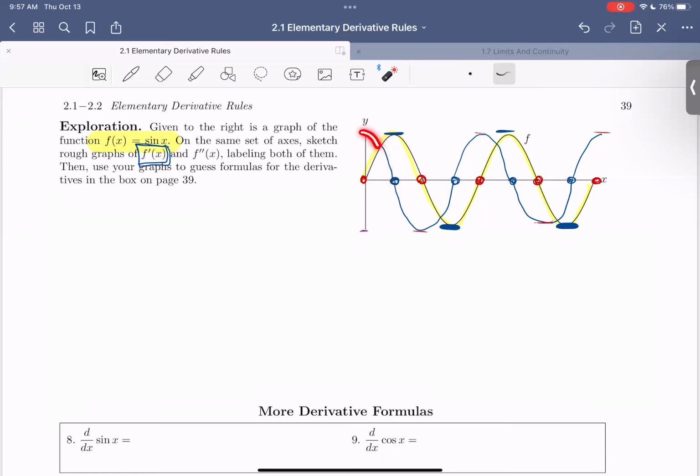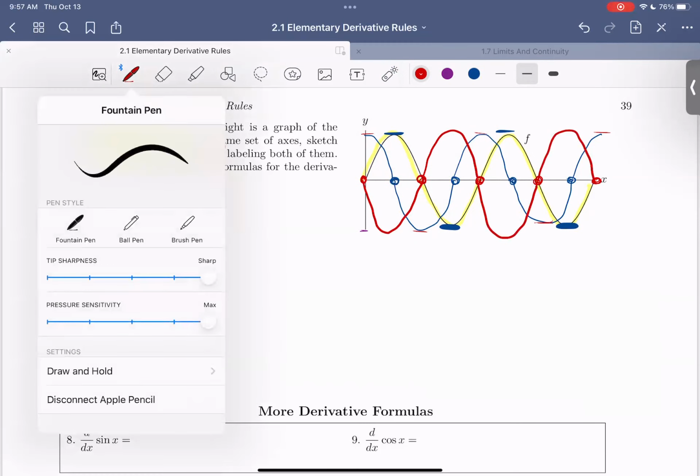Well, here we're decreasing, so our second derivative should be negative. All through here, we should be negative, so I'll draw that in. Negative here. Then our next chunk here, from here to here, our blue derivative is increasing, so we should be positive. Then negative and positive.